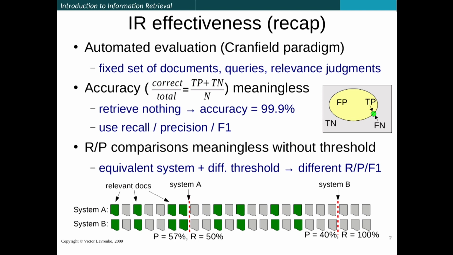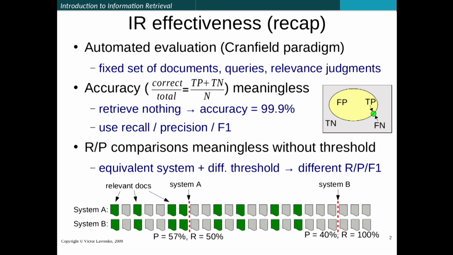The light gray documents are the not relevant ones with respect to our query. And what we want to do is compute precision and recall of the first n documents of the retrieved list. This is the idea. So the first one, the first 2, the first 3, the first 4, and so on and so forth.